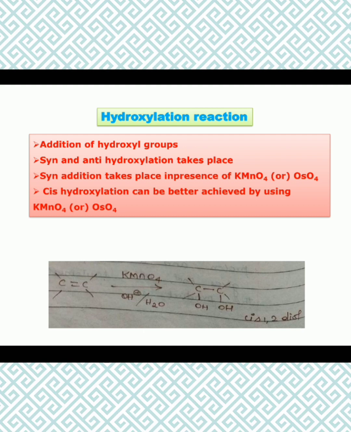When alkene undergoes hydroxylation reaction in the presence of KMnO4 catalyst, it forms cis 1,2 diol product, and the mechanism is a one step reaction which proceeds through the cyclic manganese ester intermediate.